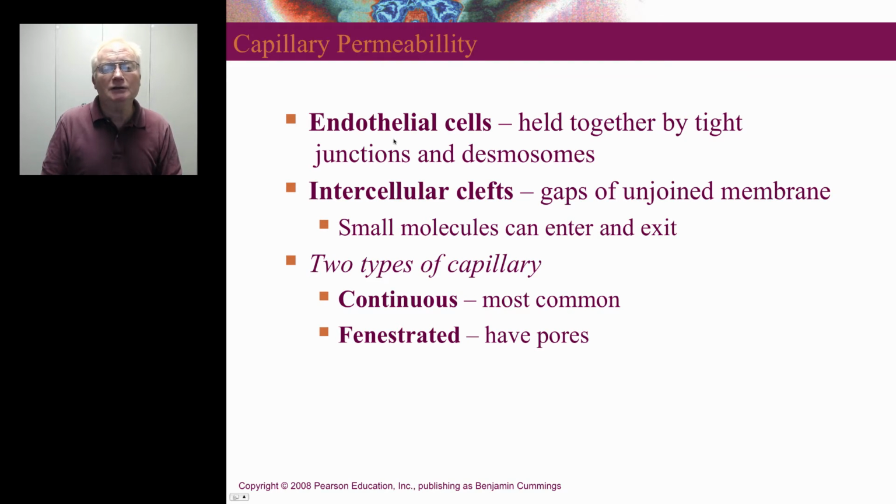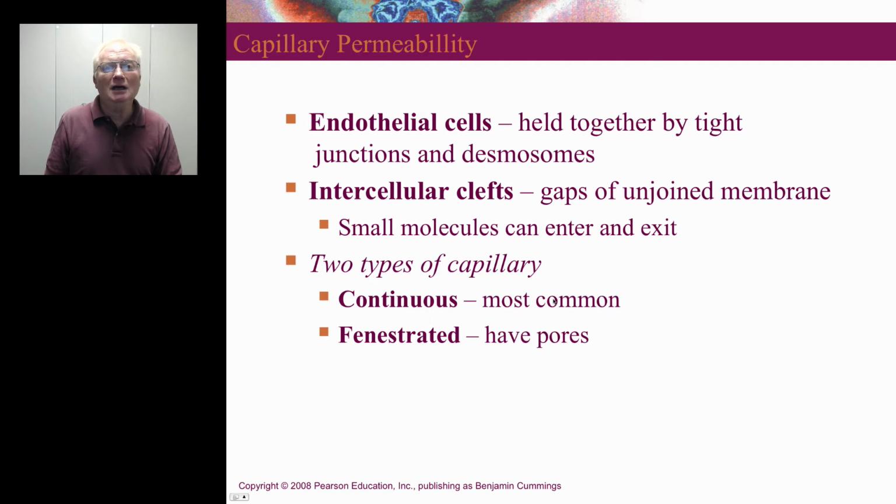There are some special tissues that I'll talk about, some organs, where there are no tight junctions and larger things move out and into the blood. There are clefts between the endothelial cells, intercellular clefts, and larger molecules, but not cells in general, can go between the endothelial cells.